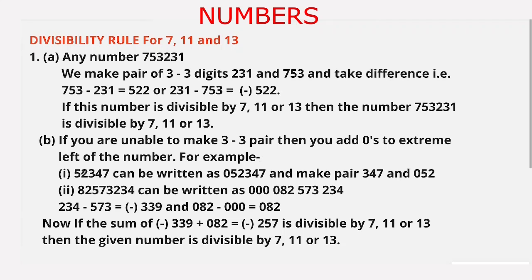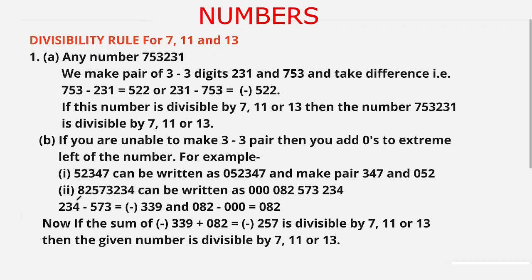For example, if the number is 52347, this is a 5-digit number, it can be written as 052347 and make pairs 347 and 052.